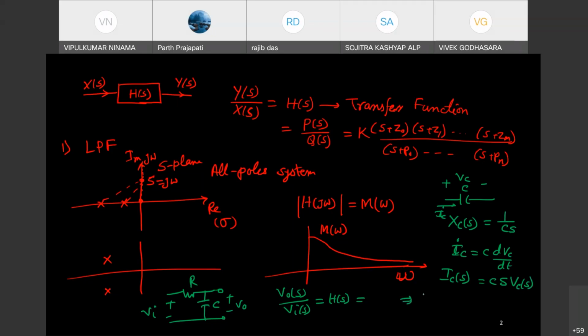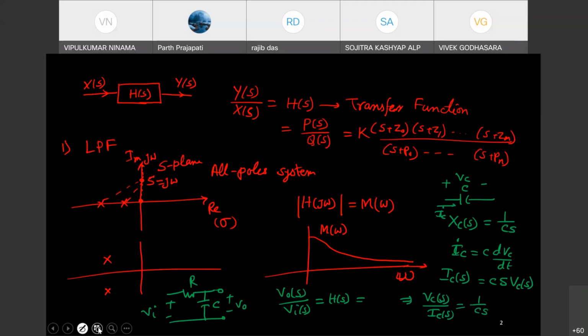So you see this Vc of s upon Ic of s, this impedance, is 1 upon Cs. Thus, the reactance of a capacitor is 1 upon Cs.